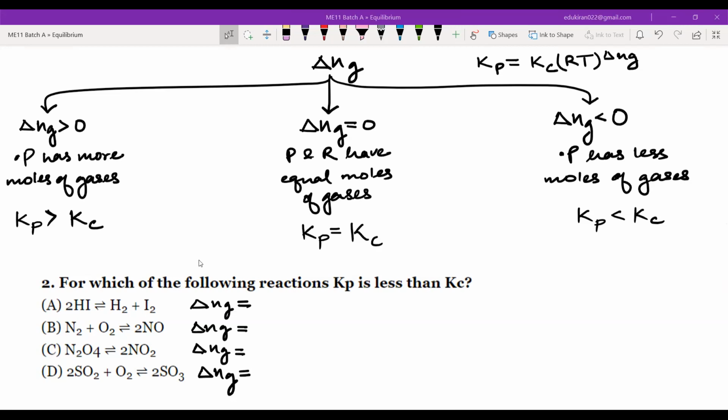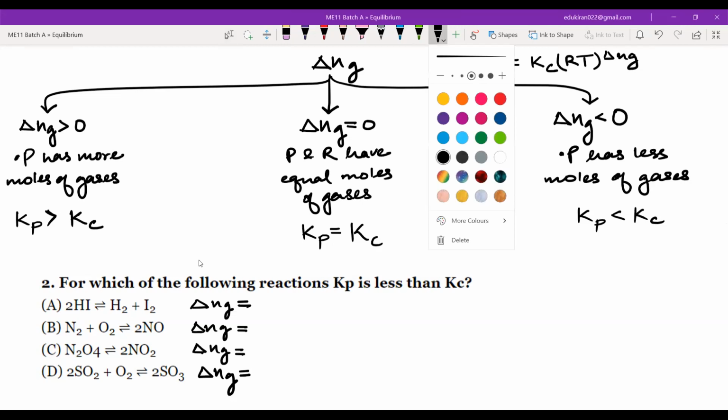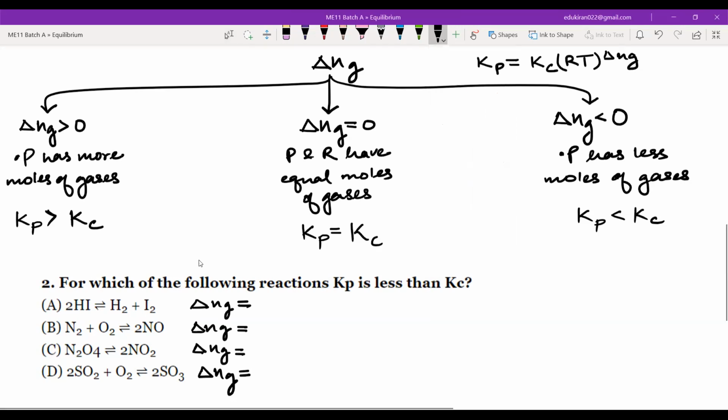You have to count the number of moles of gases in the products minus reactants. So tell me, what is the answer for the first one, A, Hamza? How many moles of gases in the product? Sir, 2. 2 moles, okay.